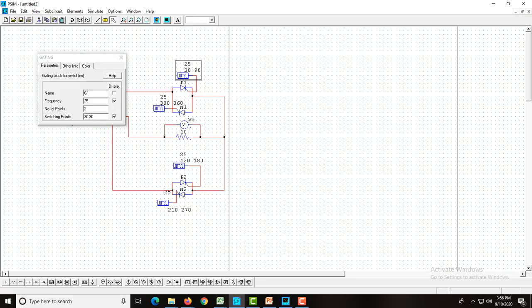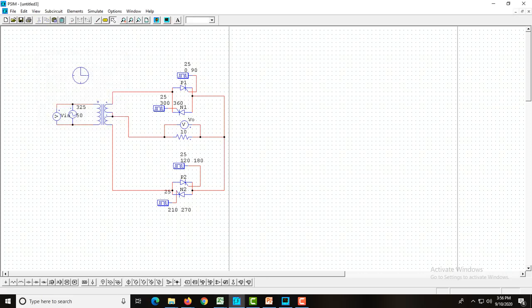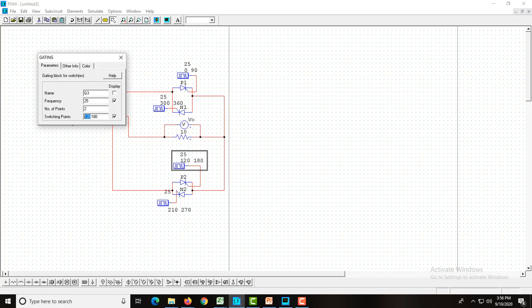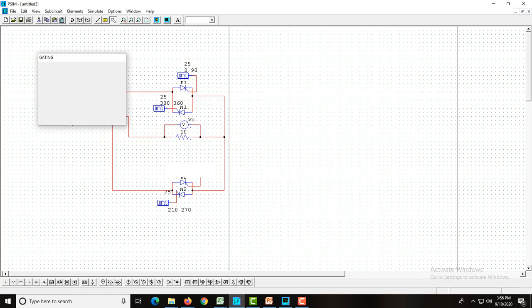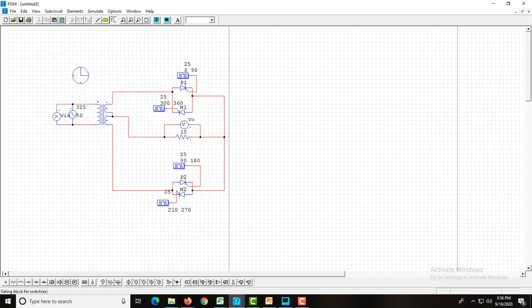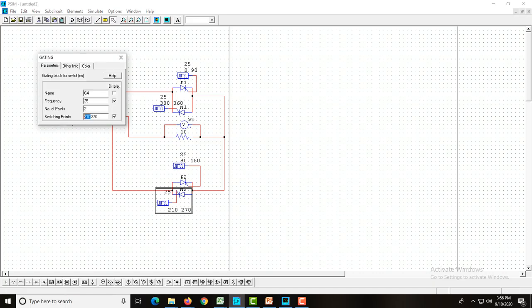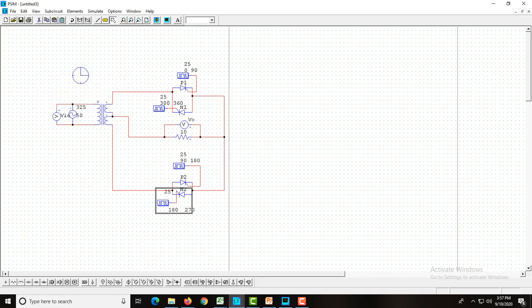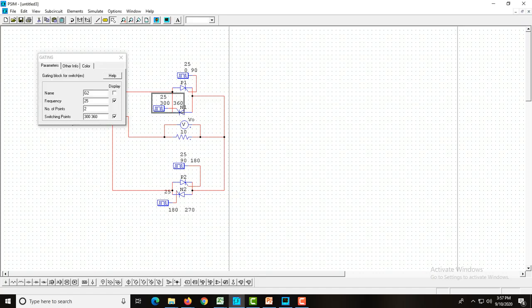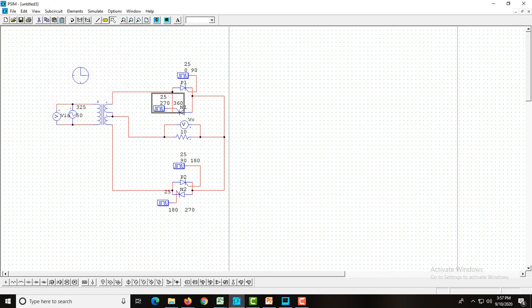So here we can have 0 to 90 degrees P1, and 90 to 180 P2 will be conducting, and 180 to 270 N2 will be conducting, then 270 to 360 again N1 will be conducting.